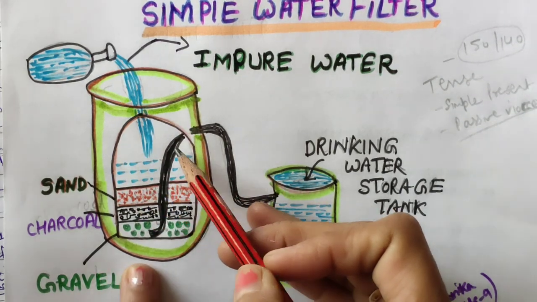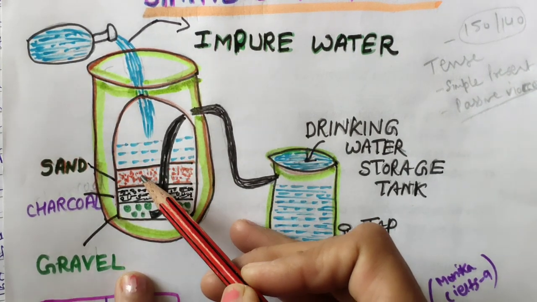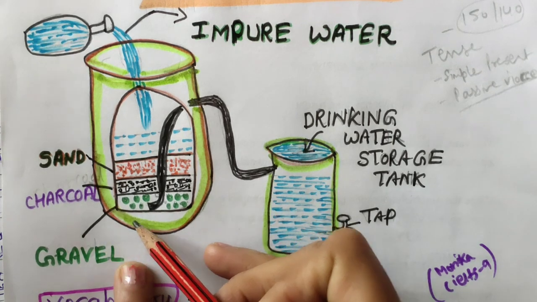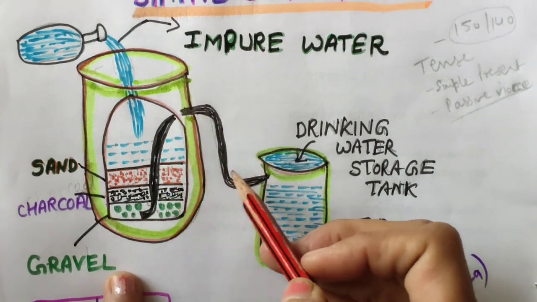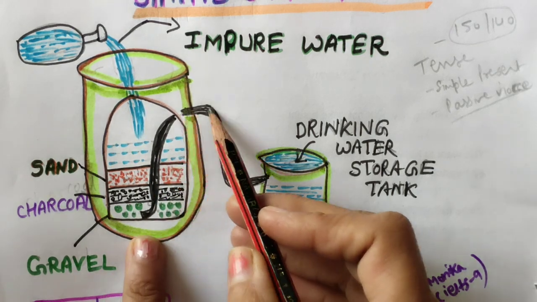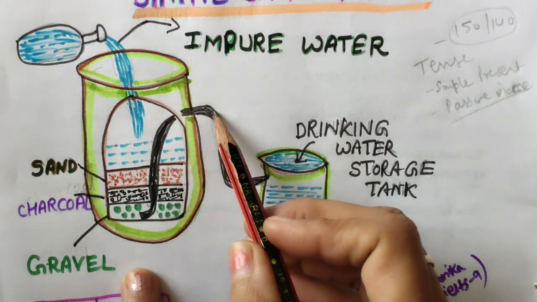You can assume it as a metal or glass container. There are different layers: sand layer, charcoal layer, gravel layer, and one pipe I can see coming out from the bottom of the container and here at the upper part of the tank. So water is coming out from here and here.